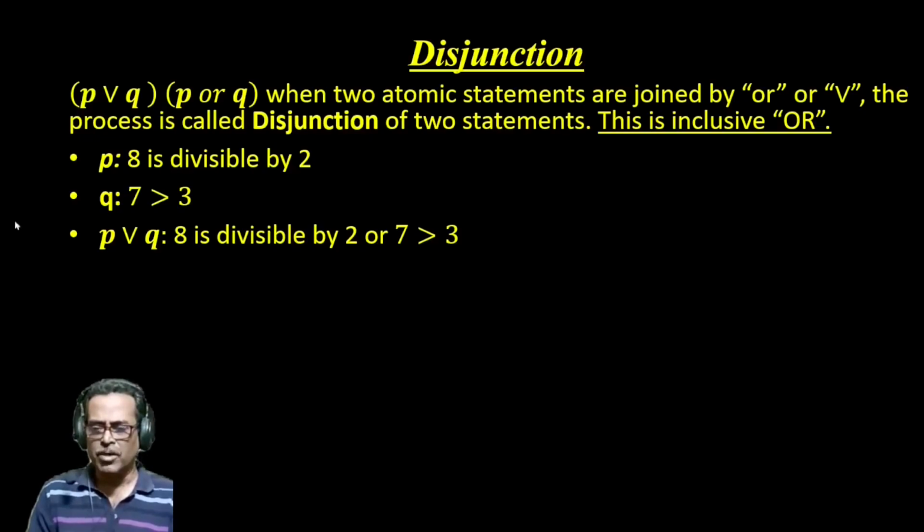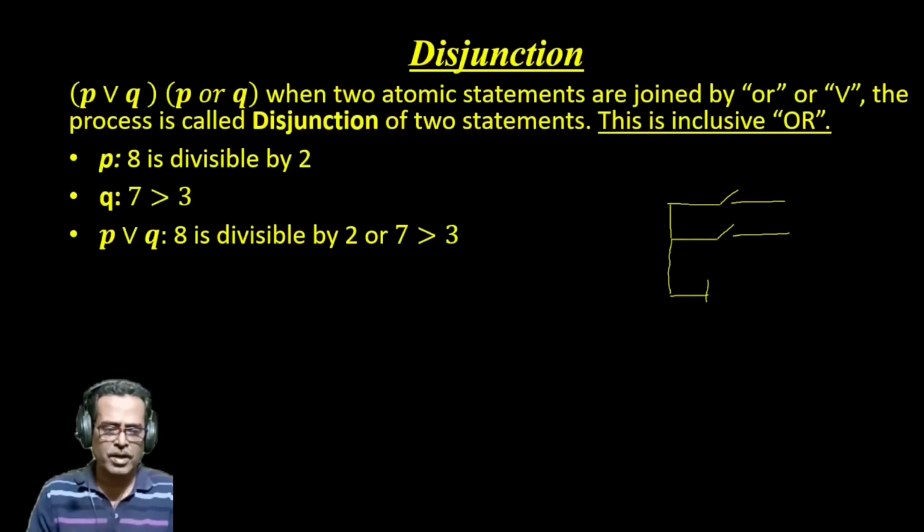Now it can be compared with parallel connection. If we connect two switches in parallel and then connect to the battery, and this is the light. So to glow the light, if any one of the switches is closed, then the light will glow. If both the switches are closed, then the light will glow. But if both the switches are in off position, then the light will not glow.